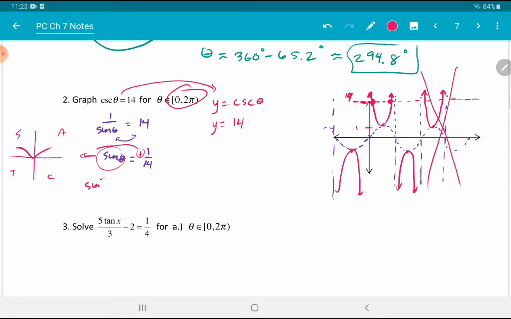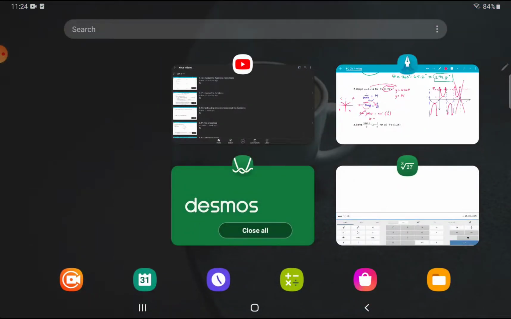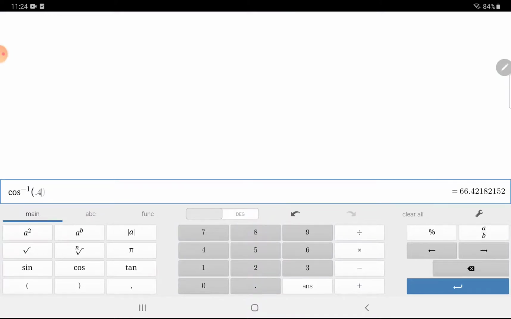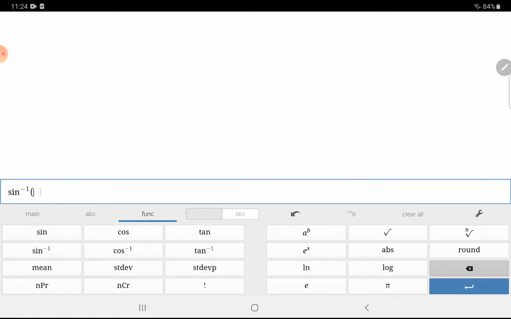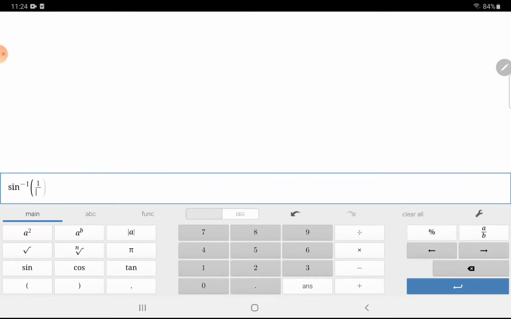So let's go ahead and find that value. If we do the arc sine on both sides, just like that, those cancel. Theta is equal to sine inverse of 1 over 14. That's going to give us a value of 4.09.